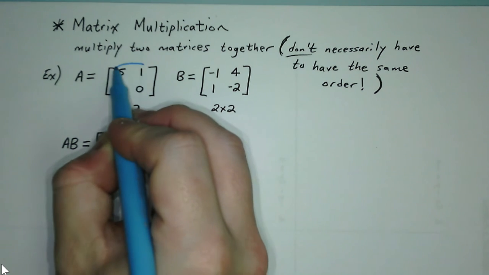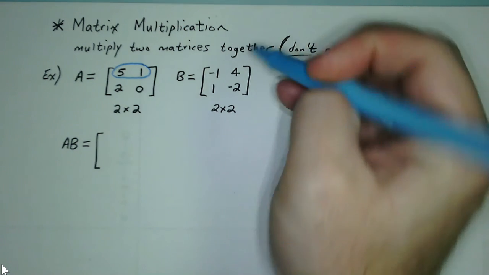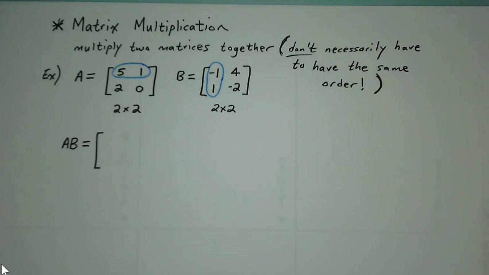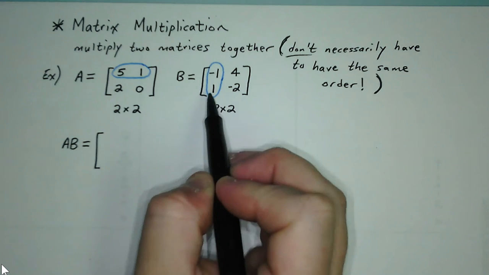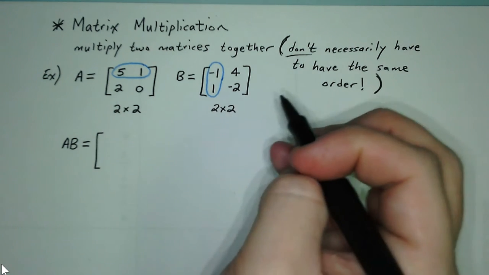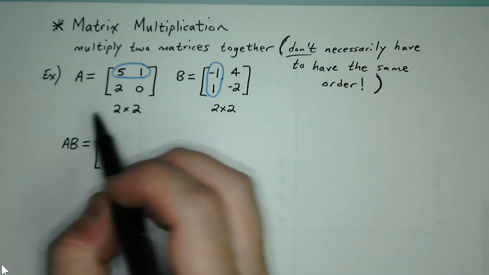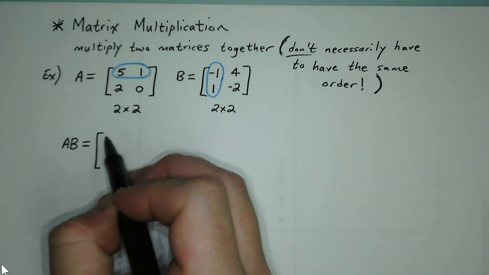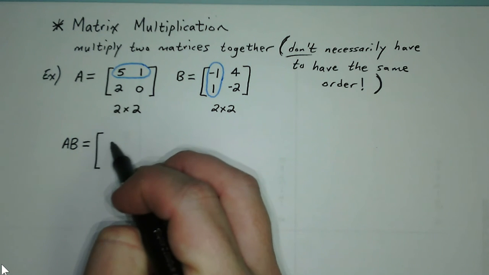So, row 1, okay, times column 1. Row 1 times column 1, and that is going to get me the row 1 column 1 spot, which is right here.